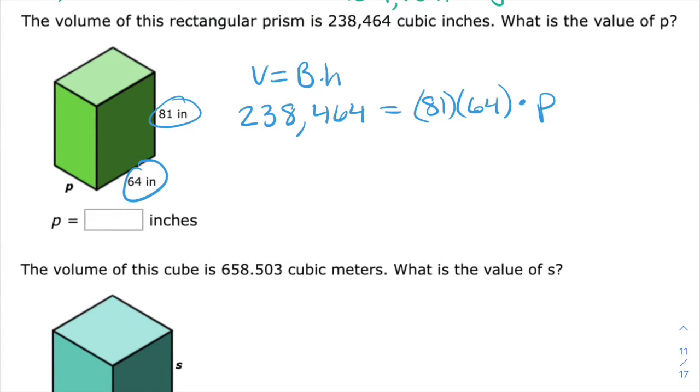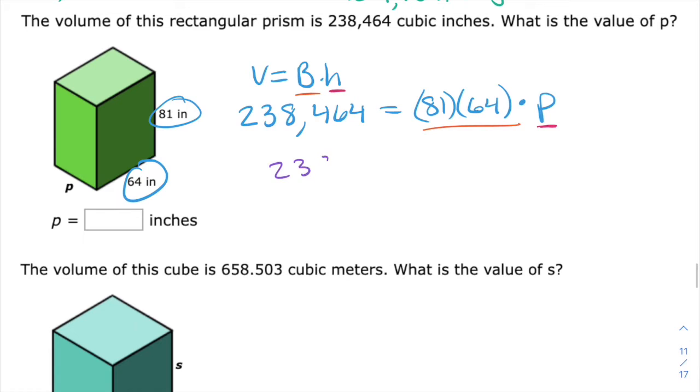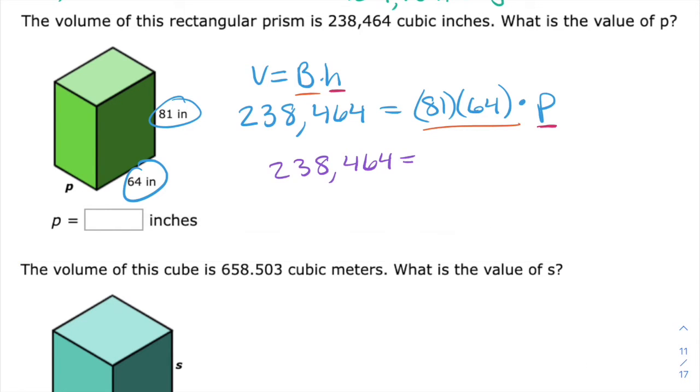Let me replace this right here. Base is being replaced here, and height is being replaced here. So 238,464 equals 81 times 64, which is 5,184, times P, and I'm going to divide both sides by 5,184.